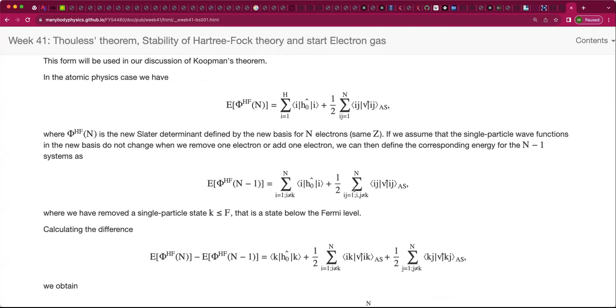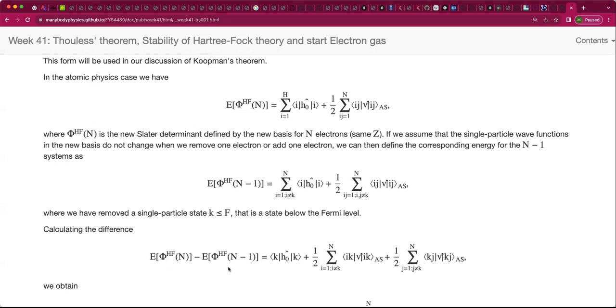One is a single sum and one is a double sum. Then if we take the difference, you could think of this as neutral sodium, and you run a Hartree-Fock calculation for that, and you calculate with the same single particle basis the energy of ionized sodium where you've taken out one electron.